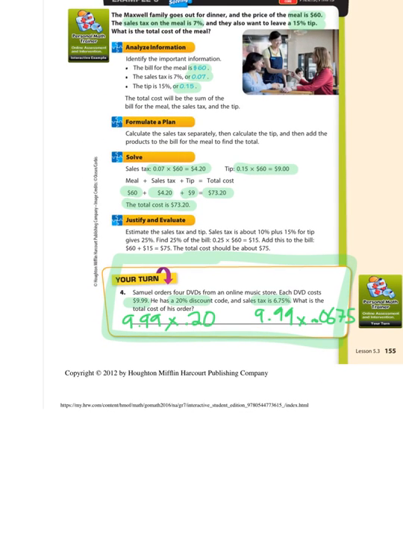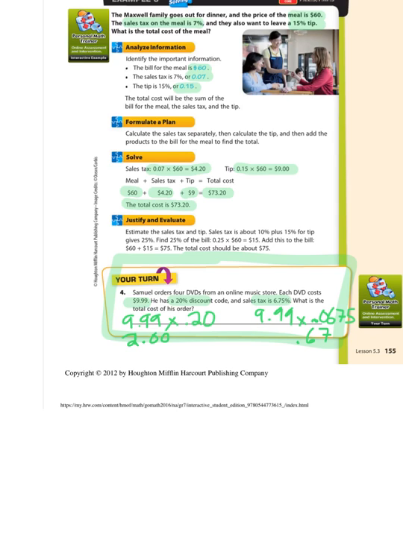All right, so $9.99 times 0.2 is going to be $1.998, so I'm just going to round that up to $2. And then $9.99 times 0.0675 is going to be 0.674. We can say that that's 67 cents.